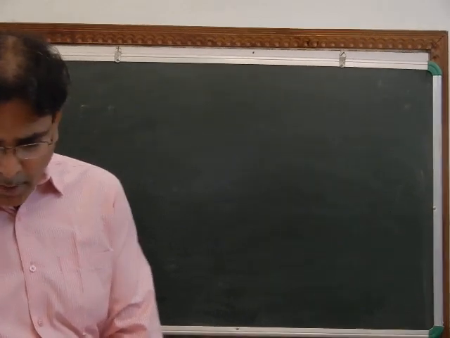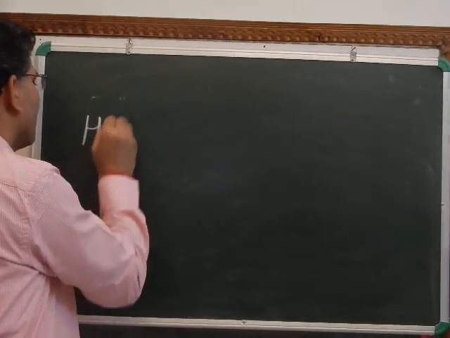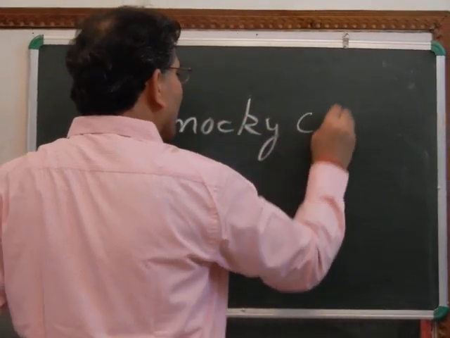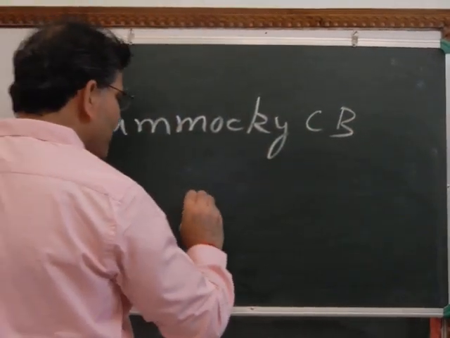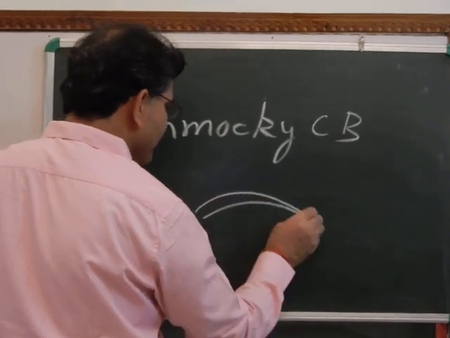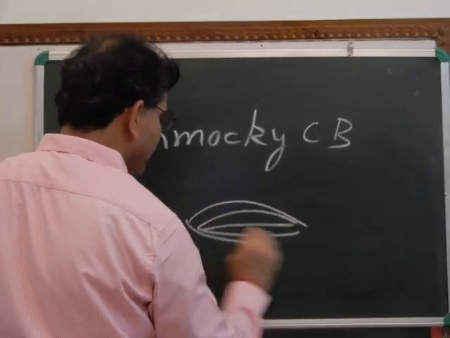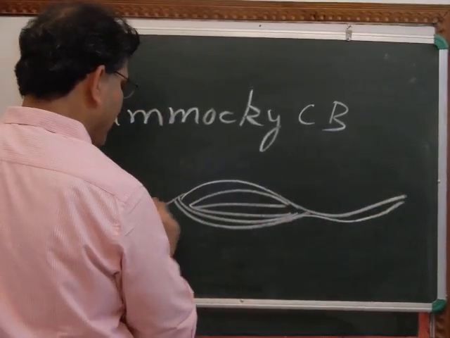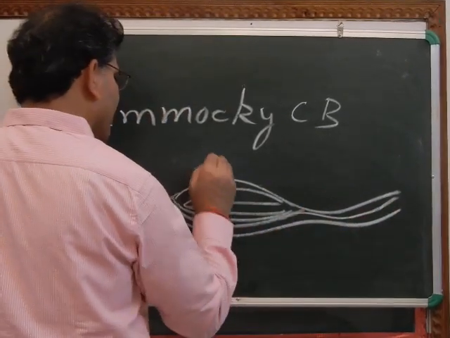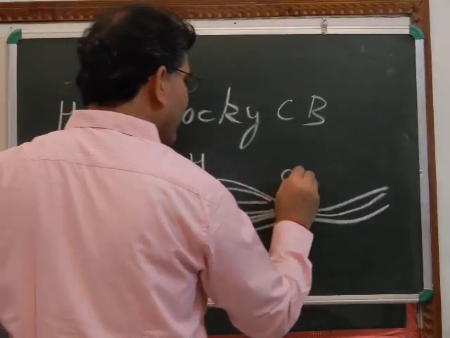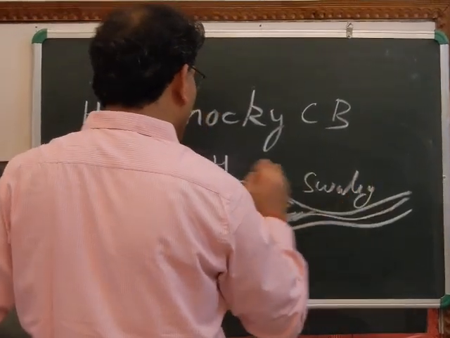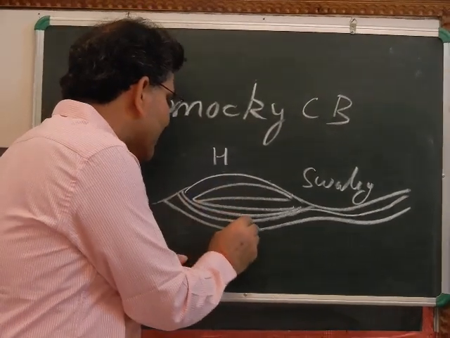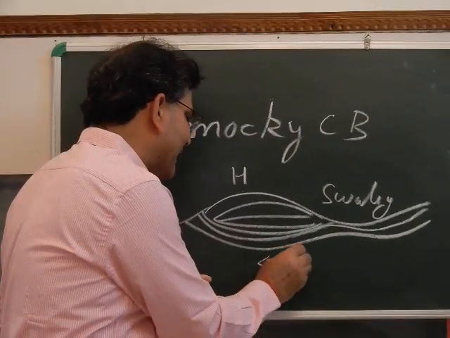Then the hummocky cross bedding. Hummocky cross bedding is formed like this; this is hummock and this is swale. In the hummocky cross bedding, the foreset laminations generally dip at an angle of less than 10 degrees.